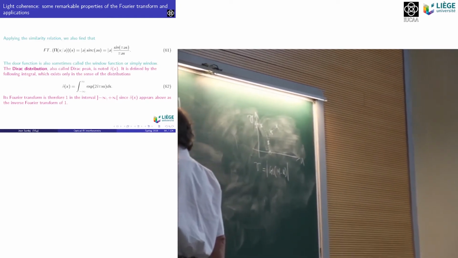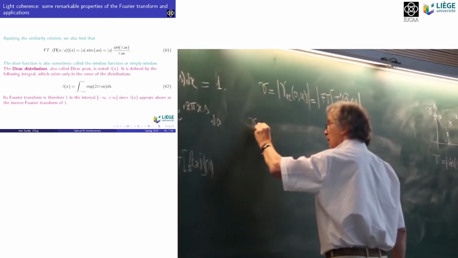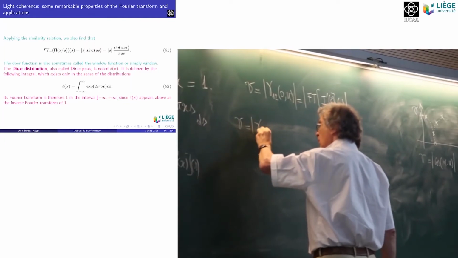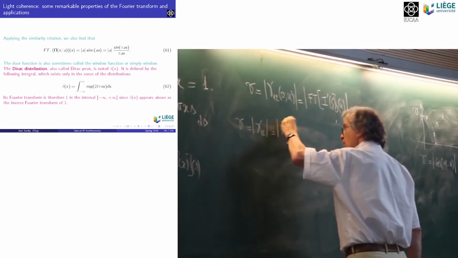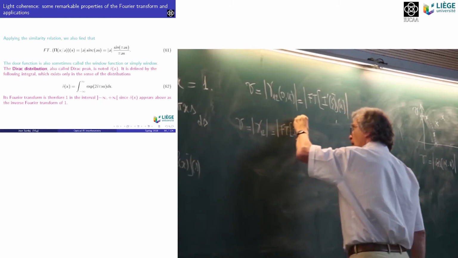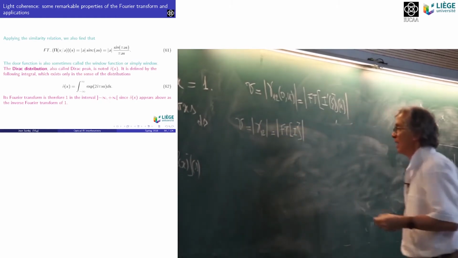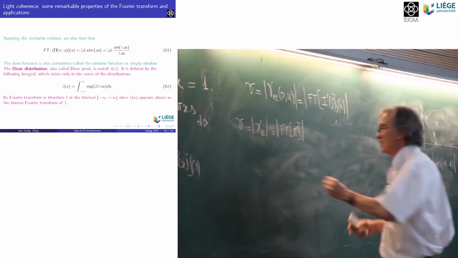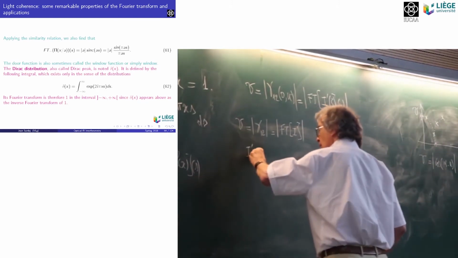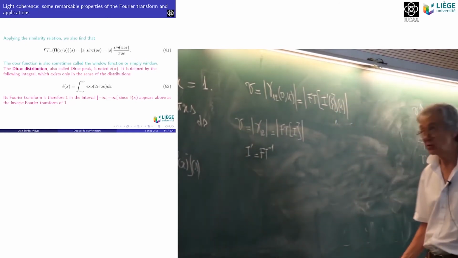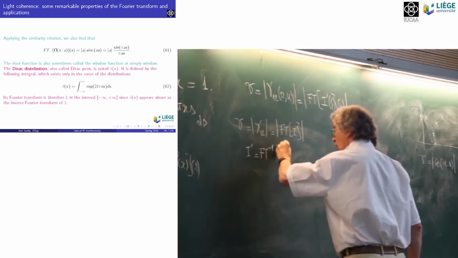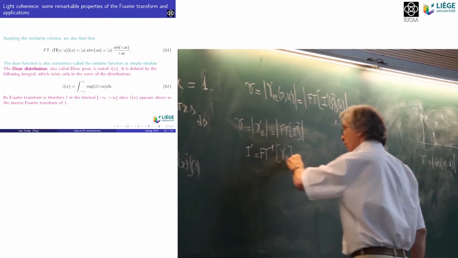You remember, the visibility is the module of gamma 1, 2, which is the module of the Fourier transform of I prime. Now I could say, okay, so I prime is an inverse Fourier transform of gamma 1, 2.